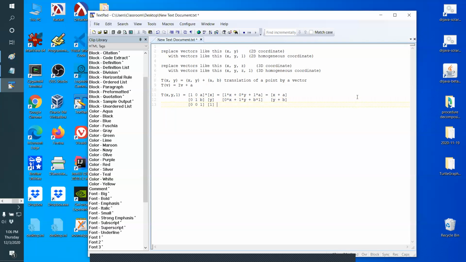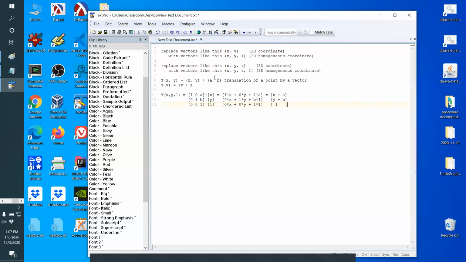And then the last one, I multiply this row times that column, and I get 0 times x plus 0 times y plus 1 times 1, which is 1. Notice that I got the homogeneous coordinate of this guy.